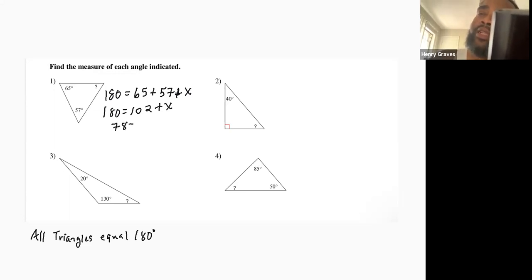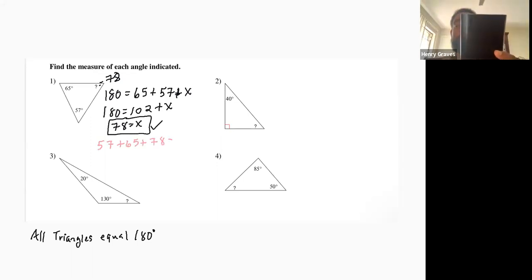This is 78. I'm going to check my work in a different color. So 57 plus 65 plus 78. I'm going to check my work if it equals 180.